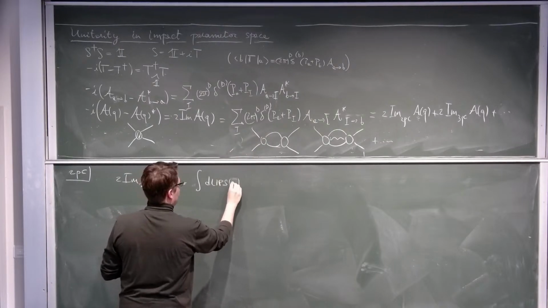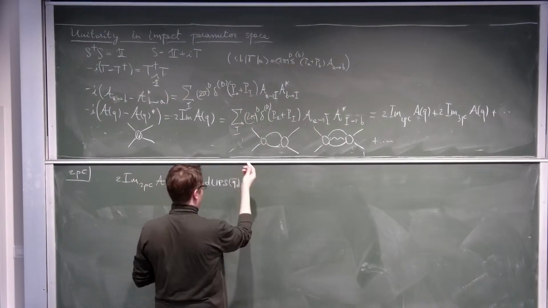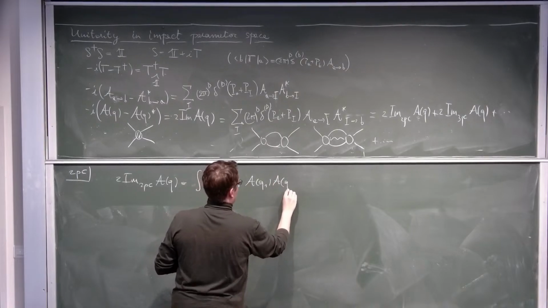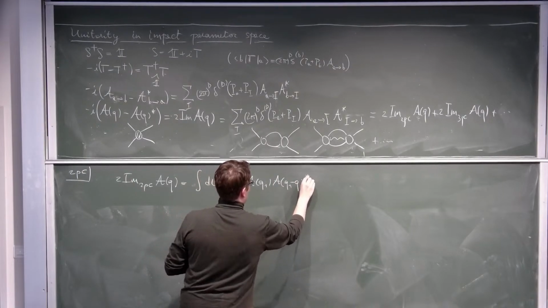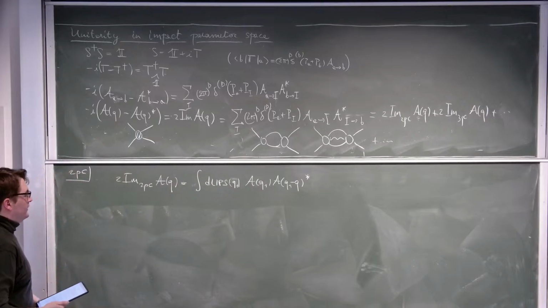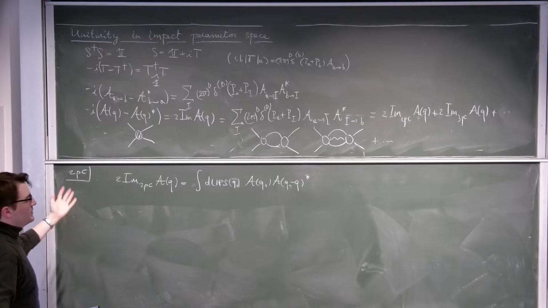Maybe let me use Q1 for the loop momentum. Q1 A, Q1 minus Q, star. And the idea will be to try to translate this into statements in impact parameter space.